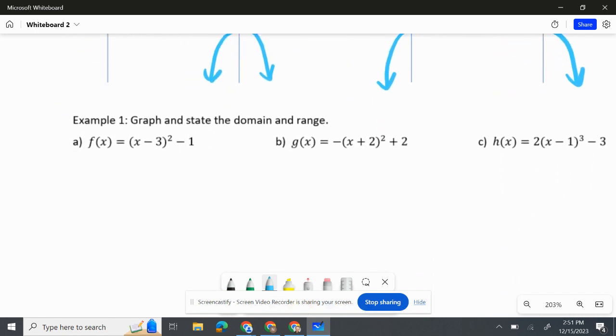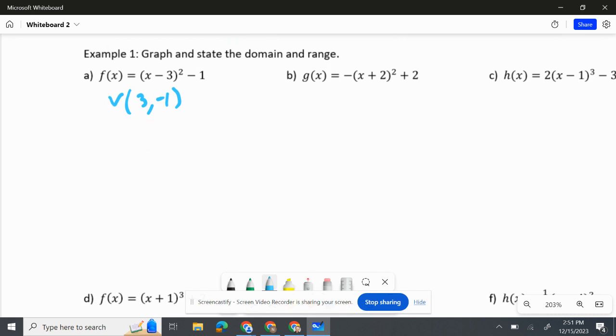Looking at this, the first thing we're going to do is find the vertex. In this case, that would be 3, -1. Then we're going to graph it based off of our A value, and our A value is 1, a positive one. So we know it's going to go up.